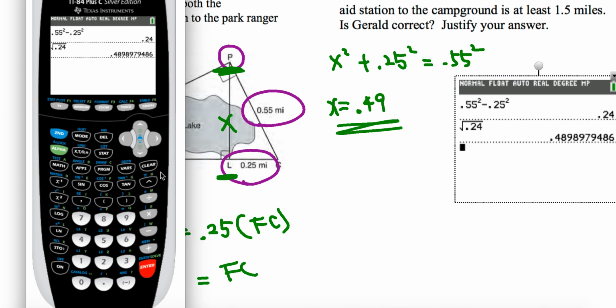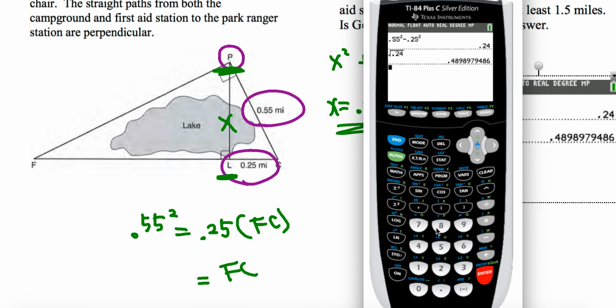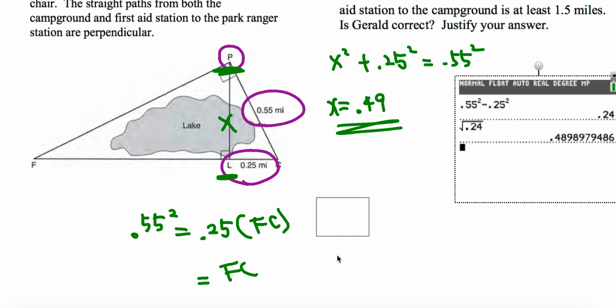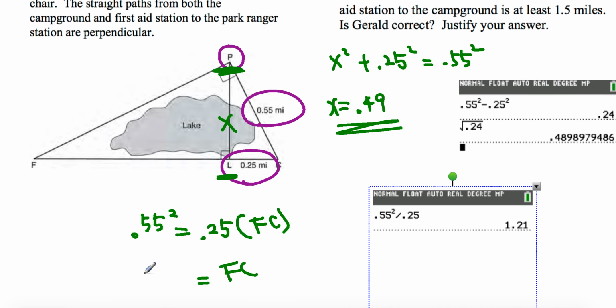So we get 0.55 squared divided by 0.25, and it's going to be 1.21. So now, in fact, the distance is 1.21.